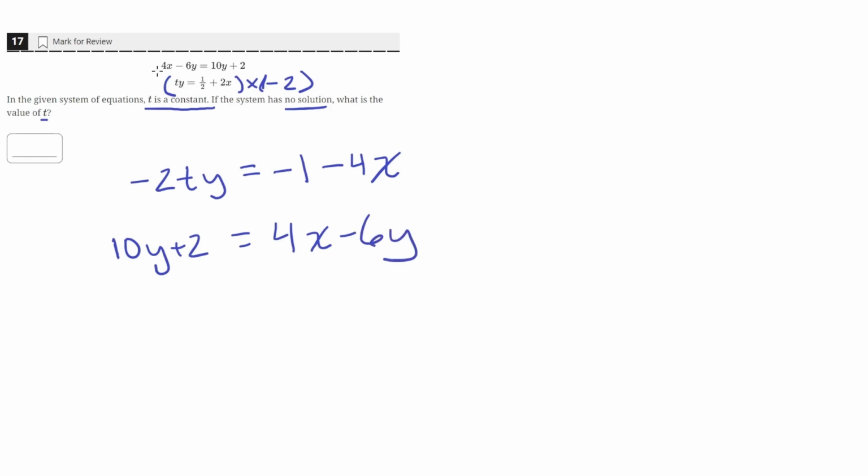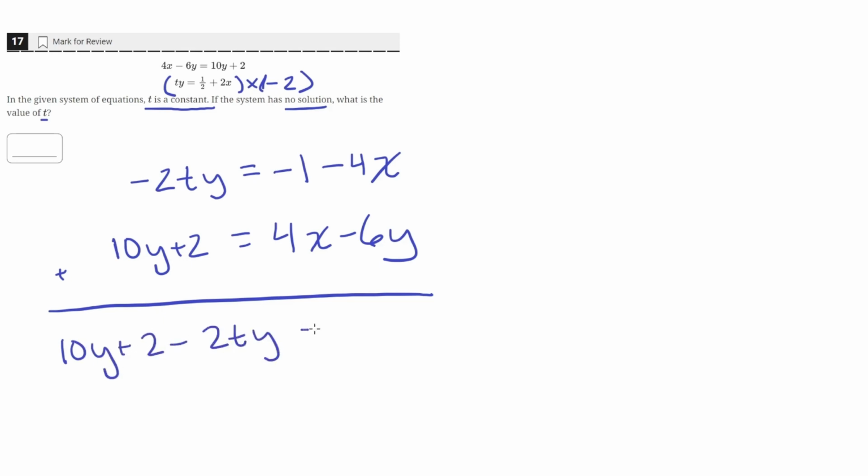This is just the first equation here. So then on the left hand side, we'll just have 10y plus 2 minus 2ty, which equals negative 1, and then 4x minus 4x is just 0, and then we'll be left with negative 6y.